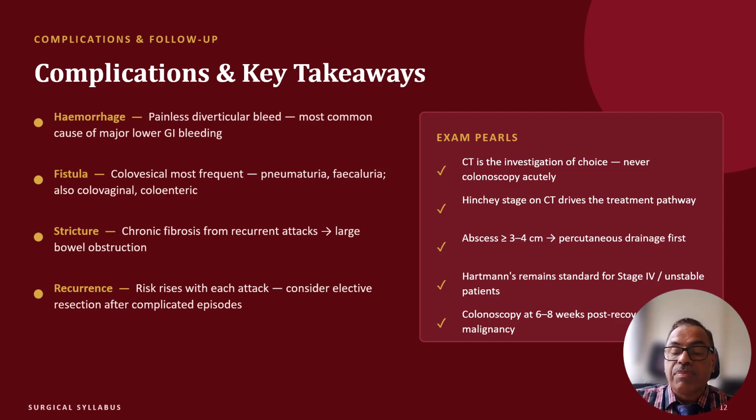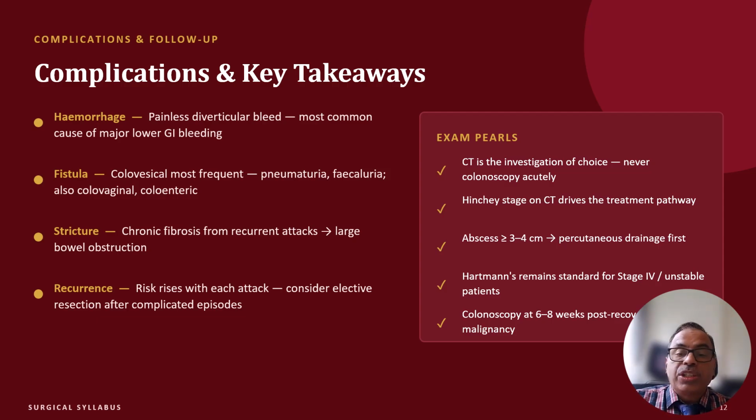That is a very important point, that because of repeated episodes of recurrent episodes of diverticulitis, a single complicated episode should be the reason for an elective resection or a sigmoid colon resection, or 2 or more episodes of diverticulitis should also be an indication for elective resection. So one complicated or 2 uncomplicated diverticular episodes.